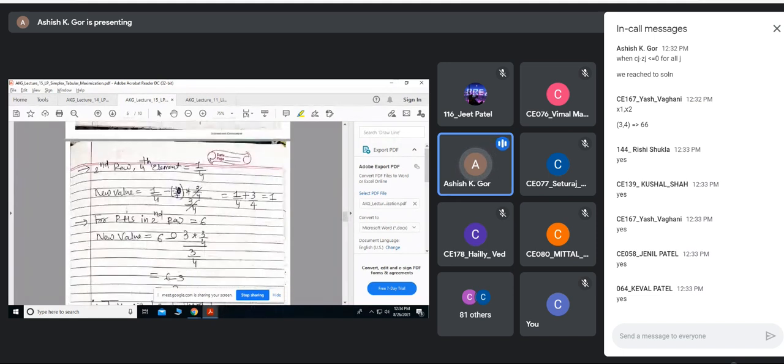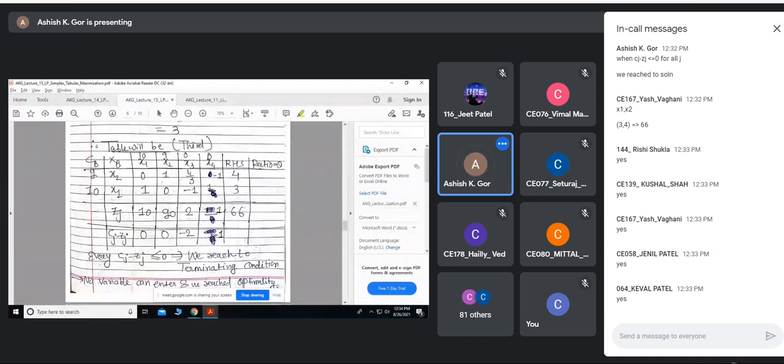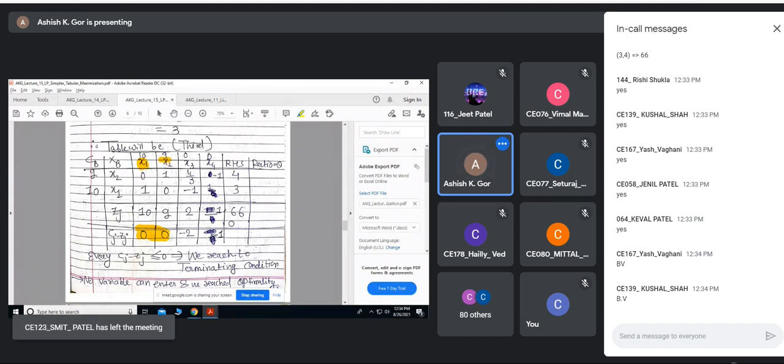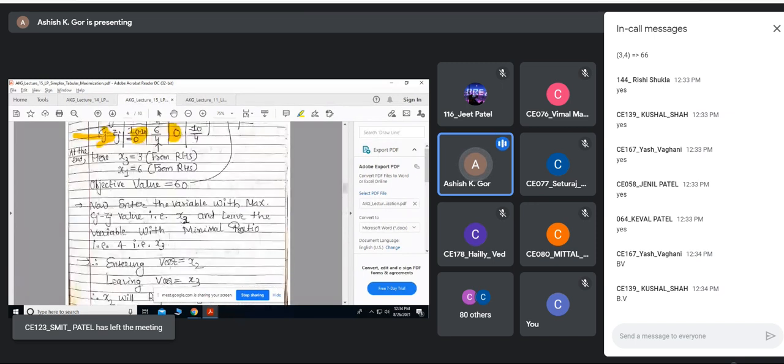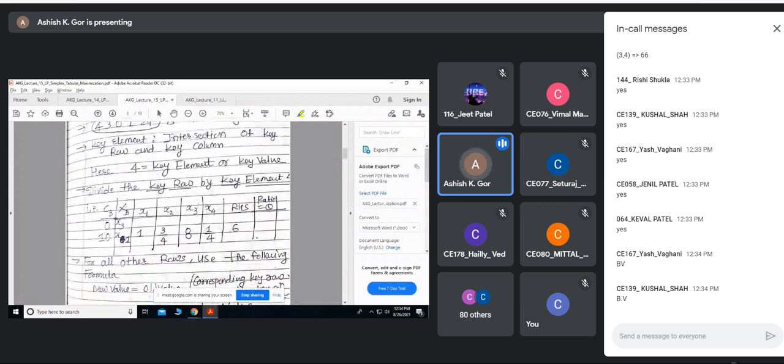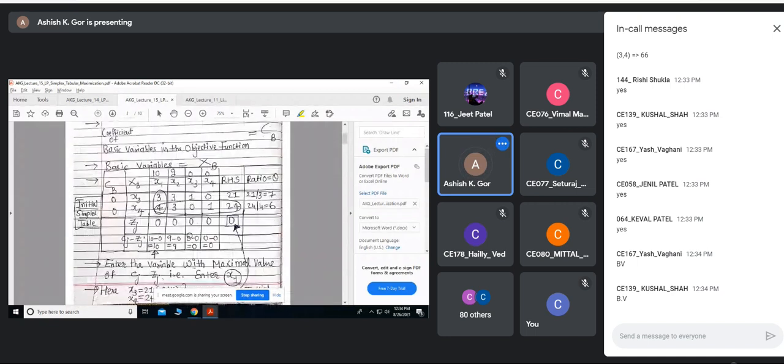In the third table, Cj minus Zj is 0 under x1 and x2. Same way, in the first table, the initial table, you can see Cj minus Zj is 0 under x3, x4.